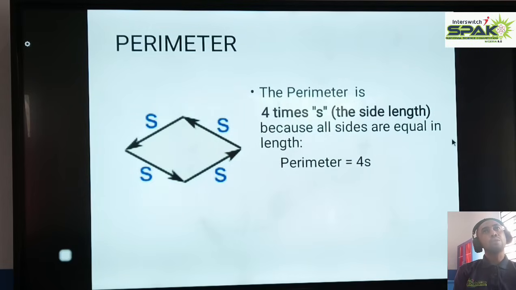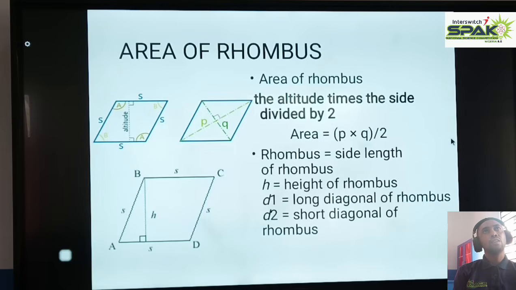Now for the perimeter of a rhombus, since all the four sides are equal, so we take the side of a rhombus to be S. So adding the 4S, then the perimeter of a rhombus will be 4S. And the area of a rhombus is the altitude times the side divided by 2.